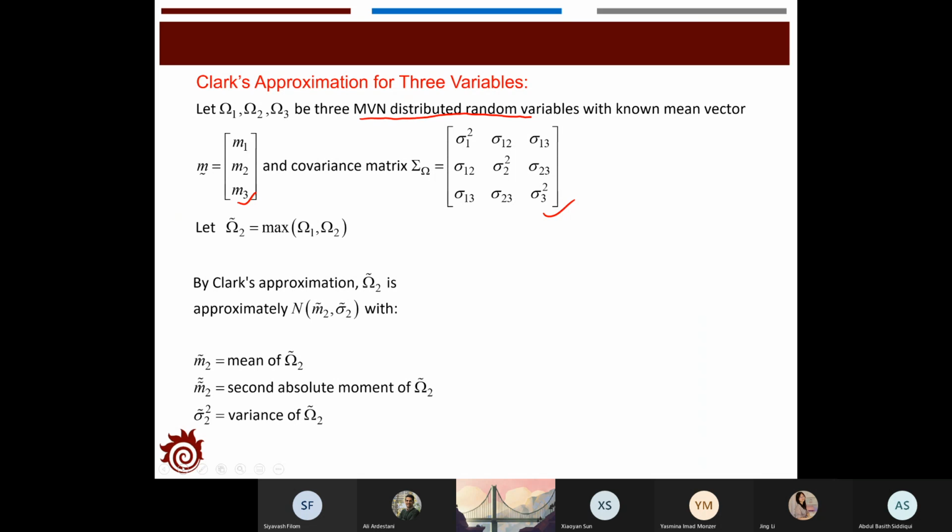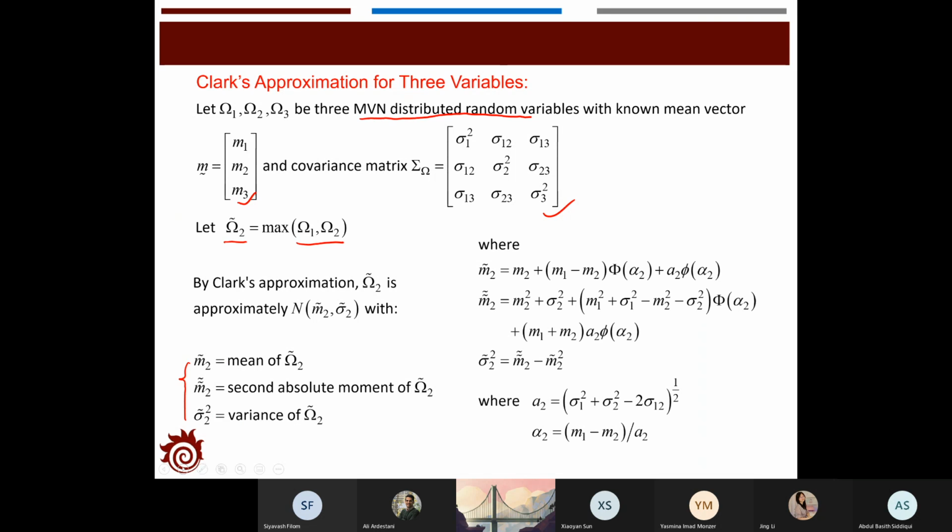First, we work on the maximization of the two variables omega 1 and omega 2 as omega 2 tilde. So in the previous page, we can find out the value of the mean and variance. And this would be the equation we're going to use. We claim that omega 2 tilde follows the normal distribution.